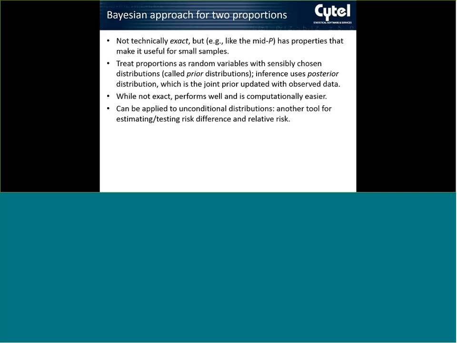And so the fact that the Bayesian approach can be applied to these unconditional metrics, the risk difference and the risk ratio, is another advantage, because it can be computed for most problems very quickly.